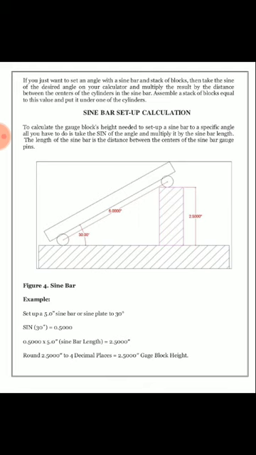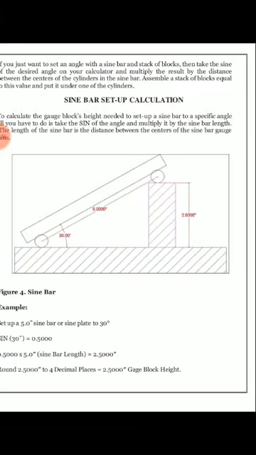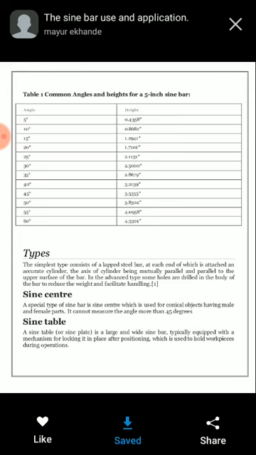Rounded to 4 decimal places, it is 2.5000 inches gauge block height. Common angles and the heights for a 5 inch sine bar.